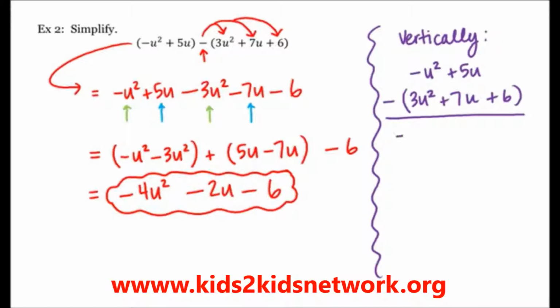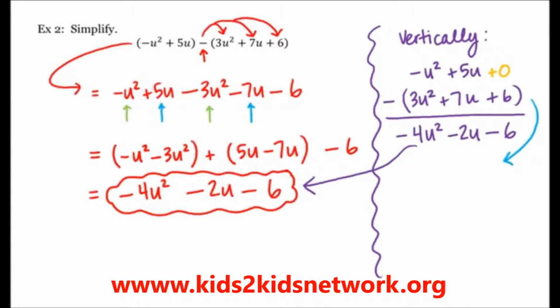So negative u squared minus 3u squared is negative 4u squared, and then 5u minus 7u is negative 2u. Now we have to be very careful with this constant term here. So let's put a plus 0 here in the first polynomial, because when we're subtracting, it's really 0 minus 6, or negative 6, which is the same answer.